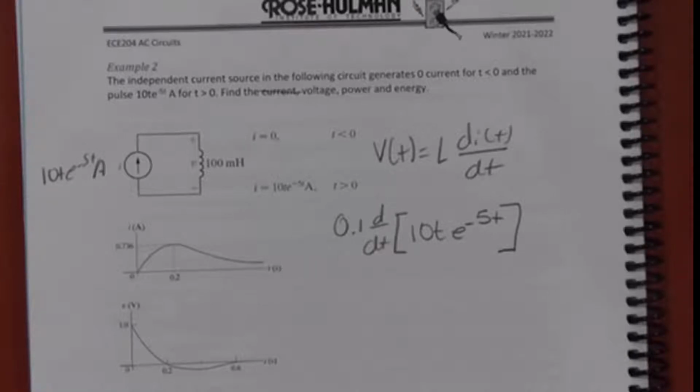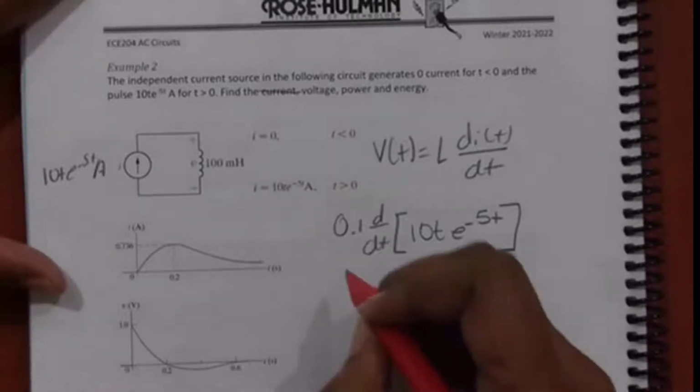Okay, the derivative of 10t e to the minus 5t is 10 e to the minus 5t minus what?